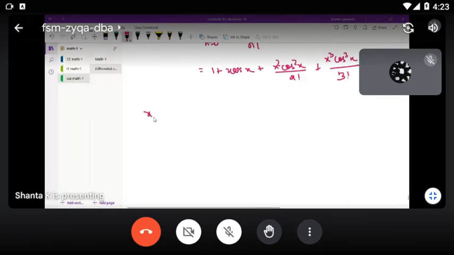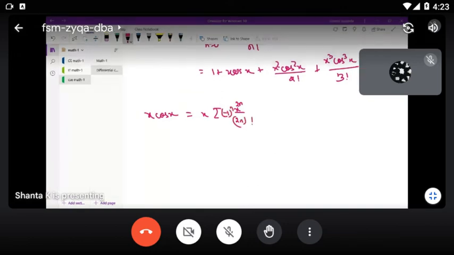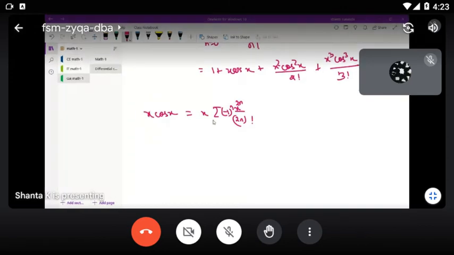Now x cos x. So what is the series for cos x? It is the sum of (-1)^n x^(2n) by (2n) factorial, n from 0 to infinity.